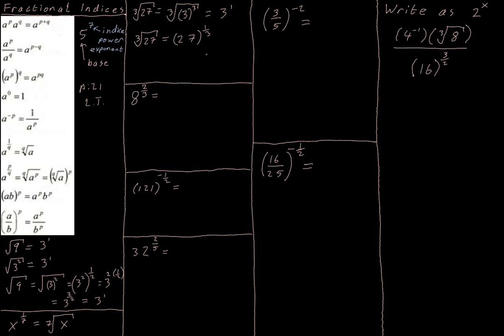Now again, I can write 27 as 3 cubed. And I end up with multiplying my powers. This is the power on the bracket. So I end up with 3 to the power of 3 over 3, which is 3 to the power of 1. Same answer as we got before.